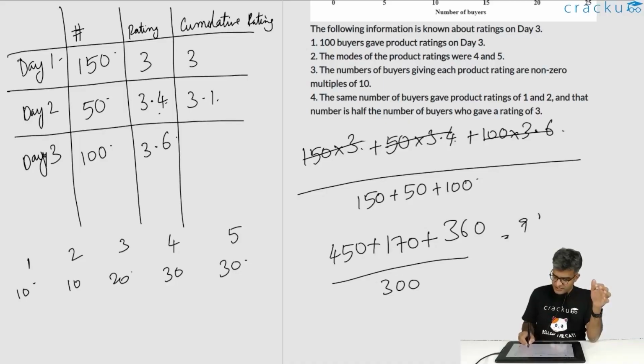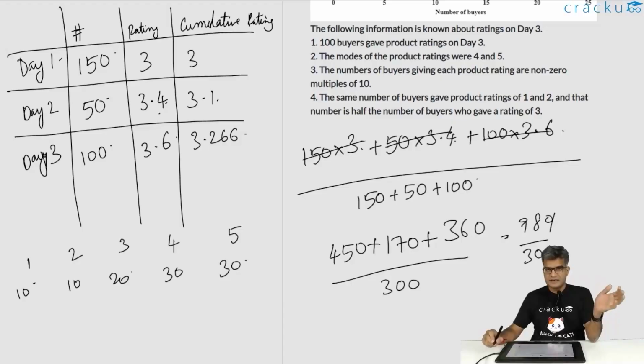This is equal to 980 divided by 300, which will be 98 divided by 30, which will come to 3.266. Let us go ahead and answer the questions that follow.